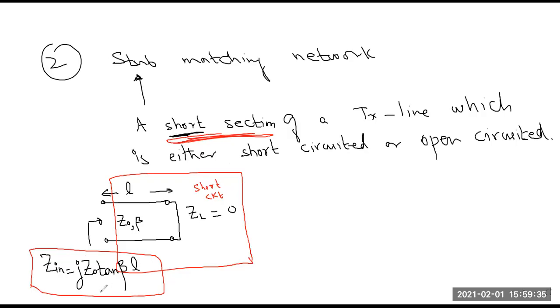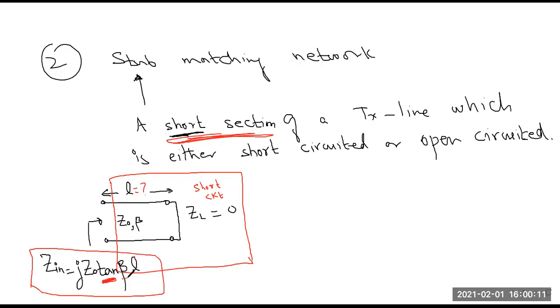jZ0 tan(beta L). You can see that the impedance behavior of this line is purely imaginary. Which parameter is going to change? That is L, depending upon the length of the line. If L changes, the tangent function gives a different value, and as a result Zin will change. We already know the range of the tangent function: its minimum value is minus infinity and its maximum is plus infinity.